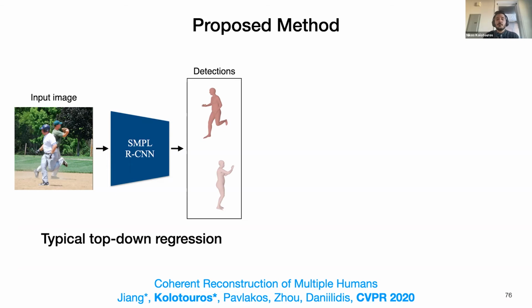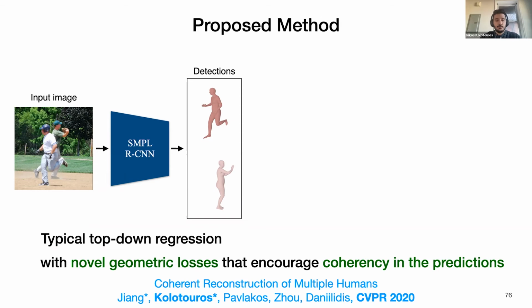As we saw in some examples before, we can predict bodies that reproject correctly on the 2D key points, but the relative depths are clearly wrong. And this produces an incoherent scene. Our goal here is to exploit geometric constraints and the data that we have to encourage the network to predict more coherent scenes. For this reason, we incorporate two novel geometric losses.